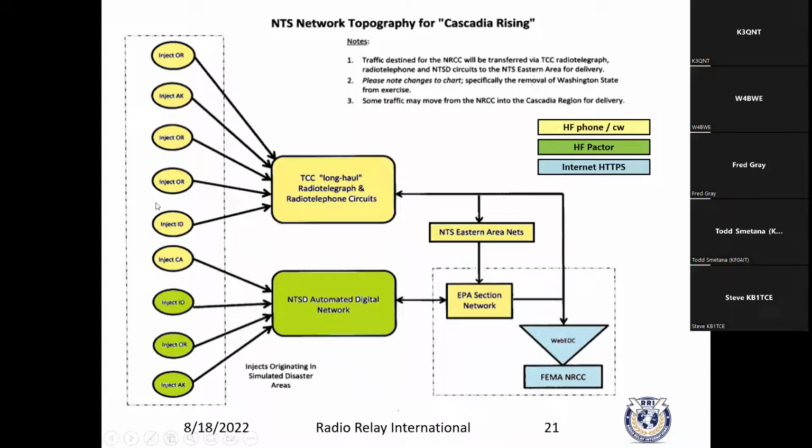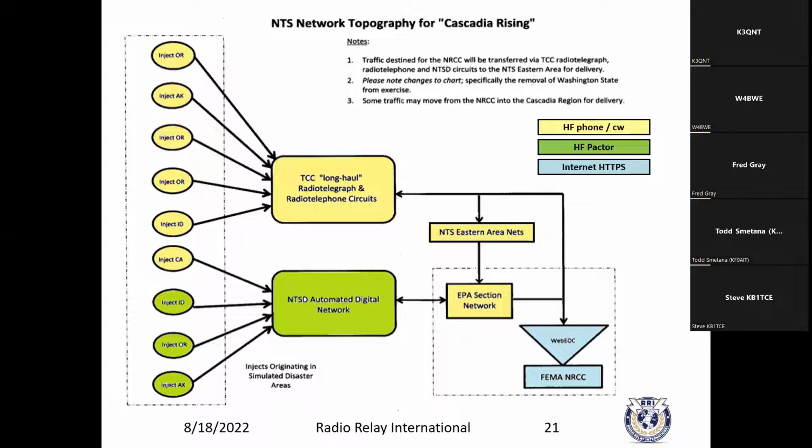This might give you kind of an idea of the topology of how the system works. So messages were basically tendered for origination in the states involved, and those could be injected either into the, at the time we called NTSD, the Digital Traffic Network, or they could be injected into one of the long haul priority entry point frequencies for the long haul CW or voice circuits across country.